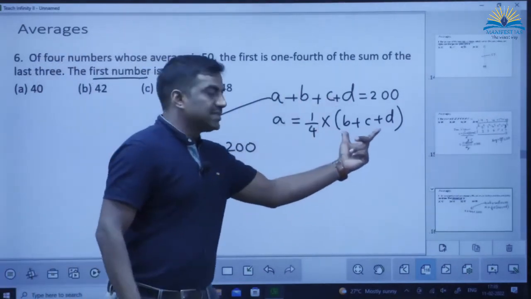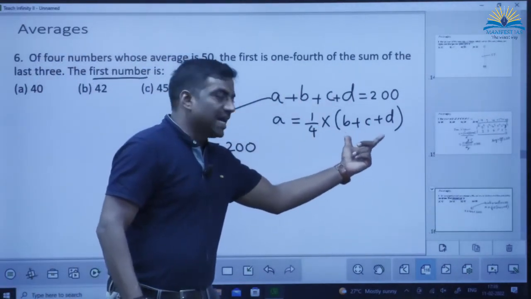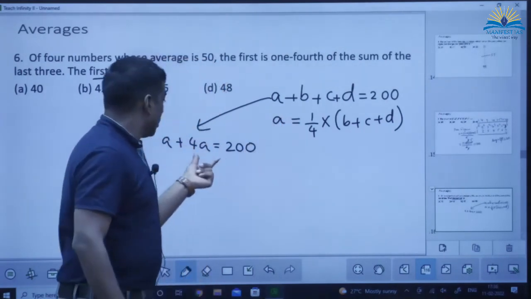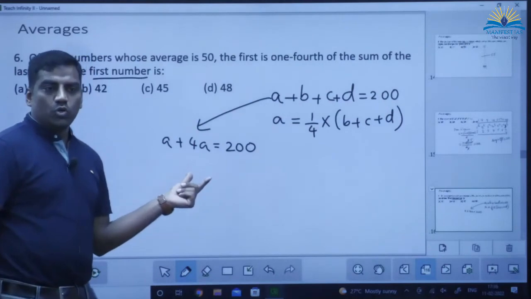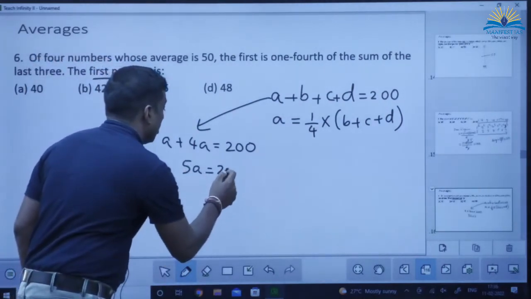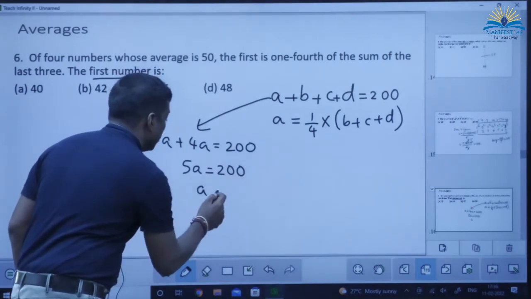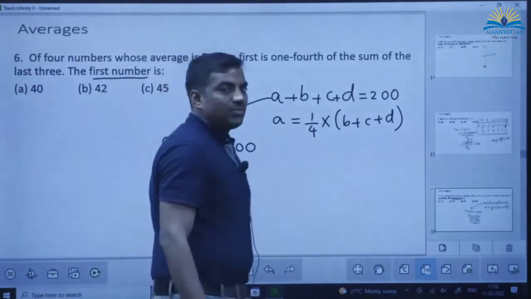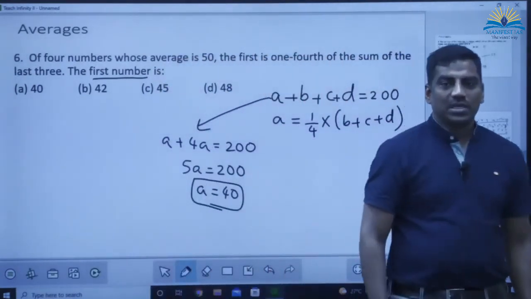Because B plus C plus D, if I keep this side, this 4 will go this side. It will become 4A. So, 5A is equal to 200. A is equal to 40. Don't ask me about B, C, D, you will not get.